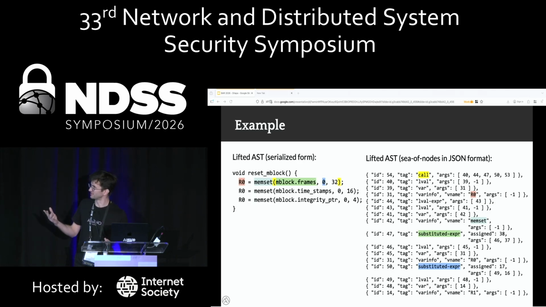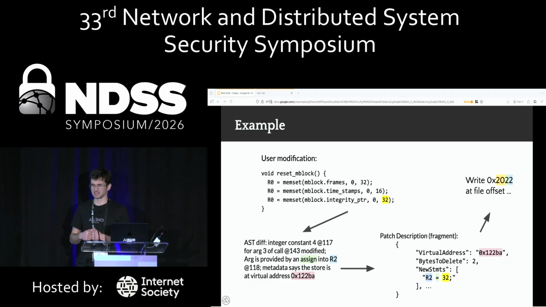I'm showing the serialized form of these ASTs, but they are internally represented in a much richer structure. This richer structure gives us the surface area on which to hang the provenance metadata that allows us to connect all these AST levels and elements from the AST back to the original binary.